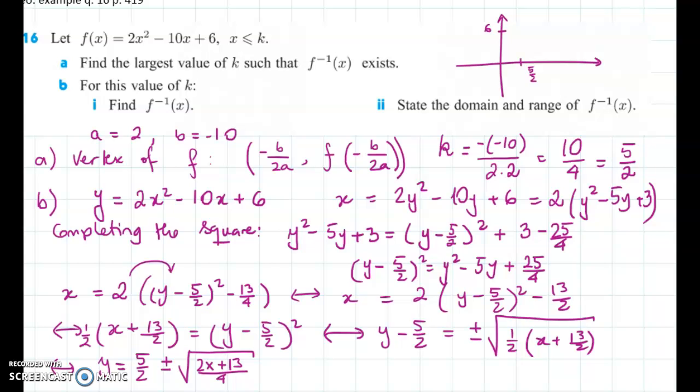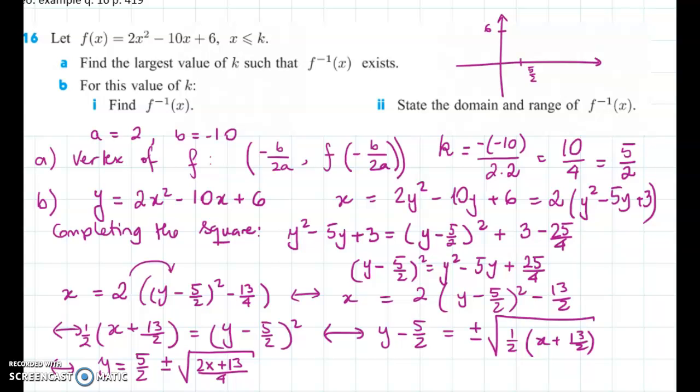And we can see that the function does take some negative values because, for instance, we can look at the value of the function when x is equal to 1. That's easy. We'll get 2 minus 10 plus 6, so that will be negative.